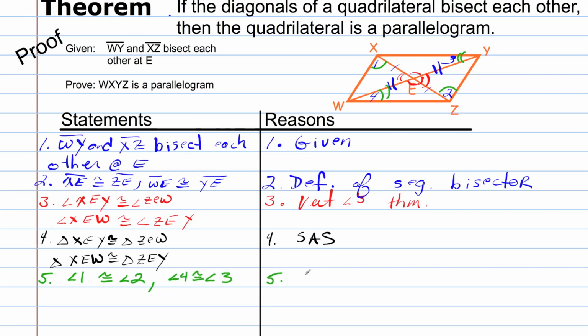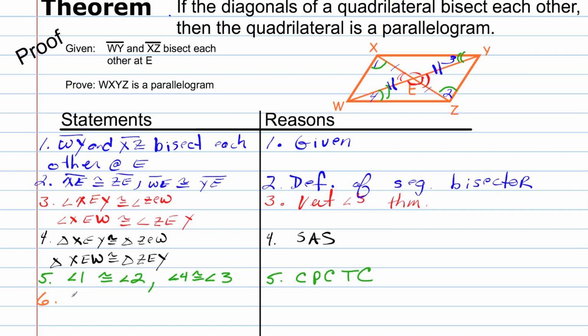And that's because of corresponding parts of congruent triangles are congruent. Now, here's the cool part. Angle 1 and angle 2 are the alternate interior angles to sides WX and ZY. So now we can say that those sides are parallel.